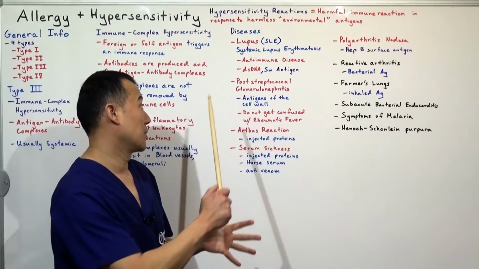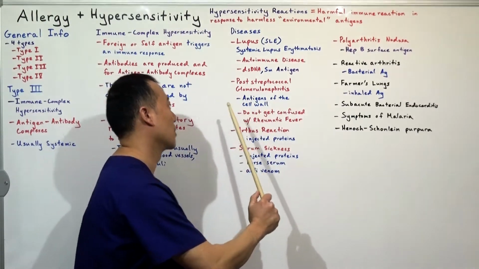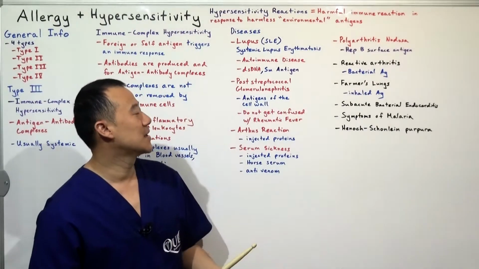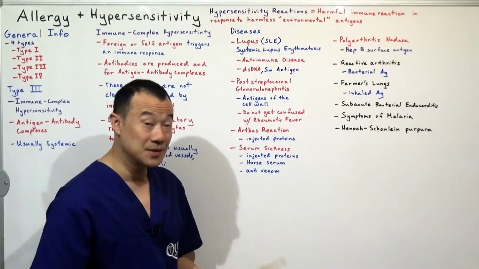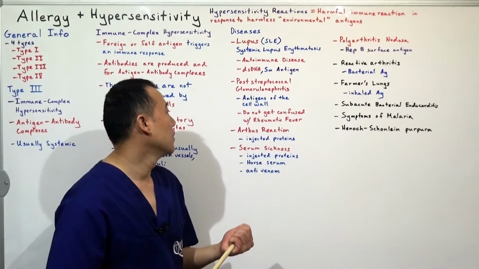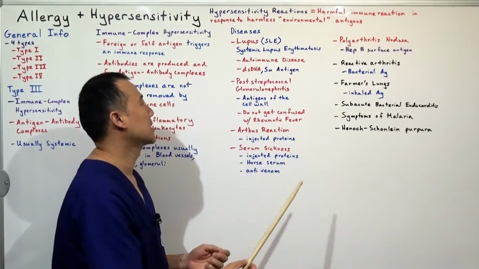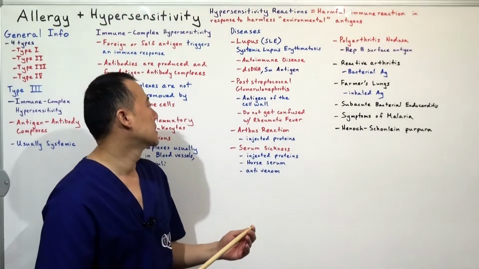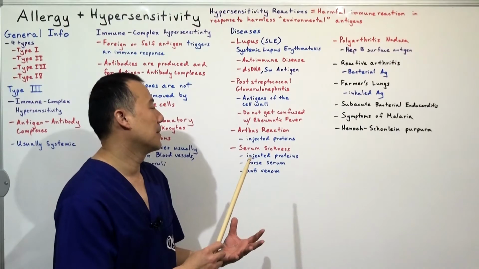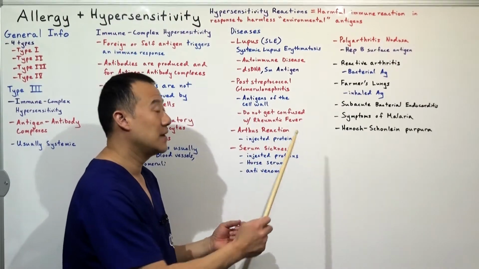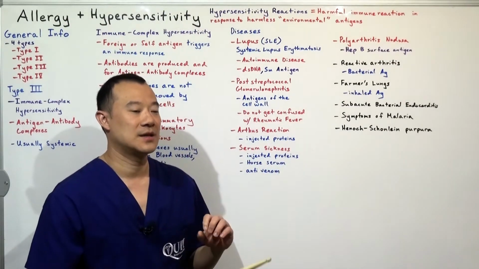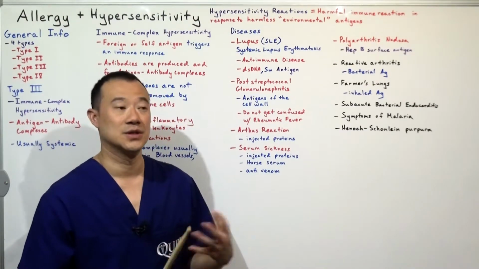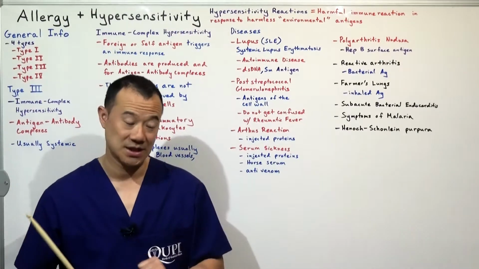All right, there's also streptococcal glomerulonephritis. And I mention this because in type 2 hypersensitivity, we have the rheumatic disease caused by the antigens in the cell wall, okay? And these antibodies in rheumatic fever not only attack the antigens of the streptococcus cell wall, but the myocardial tissues, which is type 2 hypersensitivity.